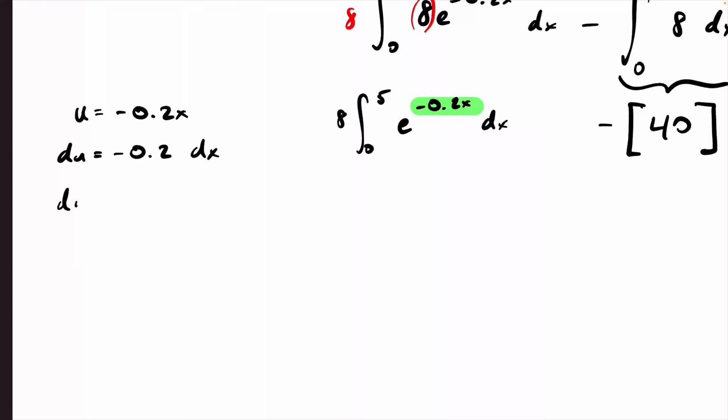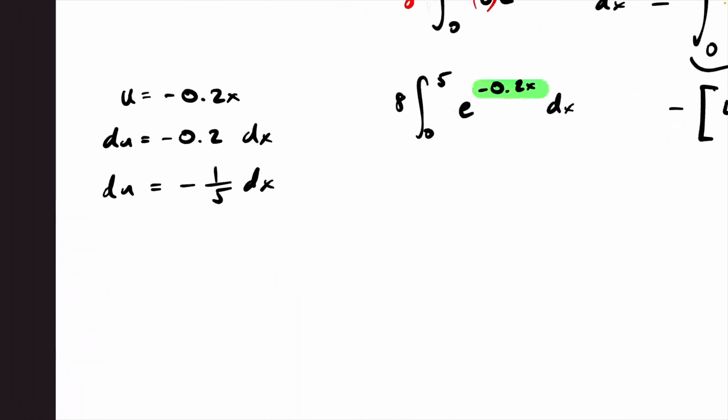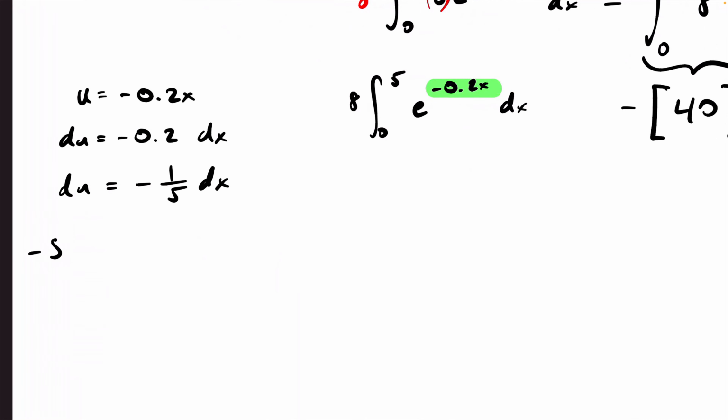So I'm going to rewrite it as negative 1/5. That'll make it easier when I divide. Instead of dividing by negative 1/5, I'm going to multiply times 5, or negative 5, sorry. So it's going to make it negative 5 du equals dx, because I multiplied times the reciprocal.